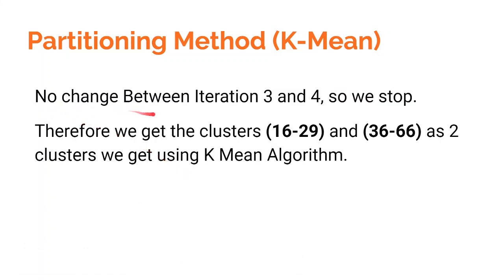So since there is no change between iteration 3 and 4, we have to terminate the execution of the algorithm. Therefore, we get 16 to 29 as the first cluster and 36 to 66 as the second cluster. So these two clusters we get using the k-means algorithm.